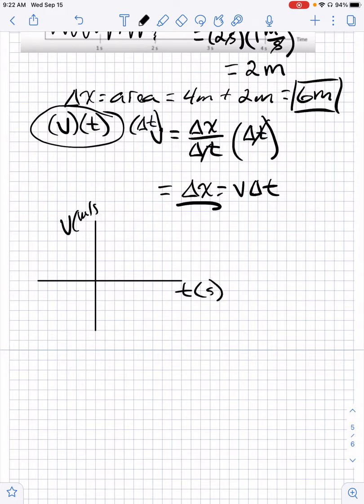And let's say the shape of it goes from here to here, and then it goes from here to here, where it dips down into that negative quadrant. If I'm trying to find the displacement, and let's say this is 5 seconds, so after 5 seconds I wanted to find the displacement.